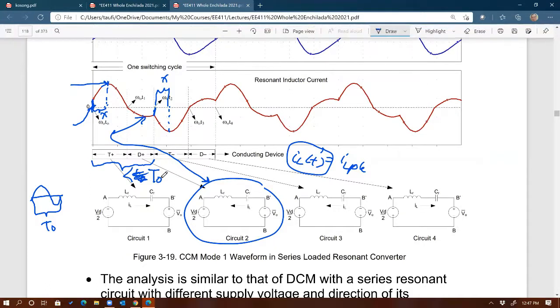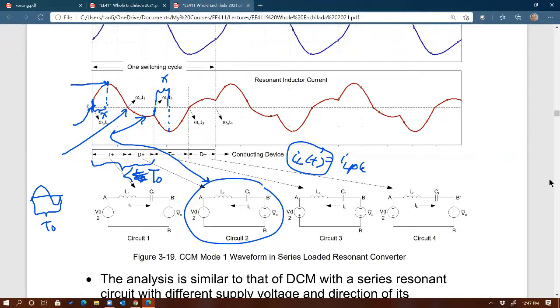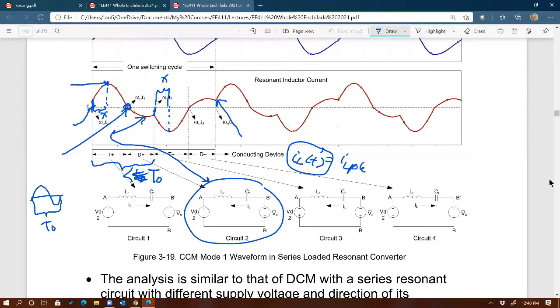That's correct. But in this case, if you look at when D plus is conducting, the initial condition is 0. If you look at the inductor current, when it starts, it's at 0. So the initial condition is 0. However, for the switch right here, the initial condition is not 0. Oh, because the diode sees zero current. Right, exactly.